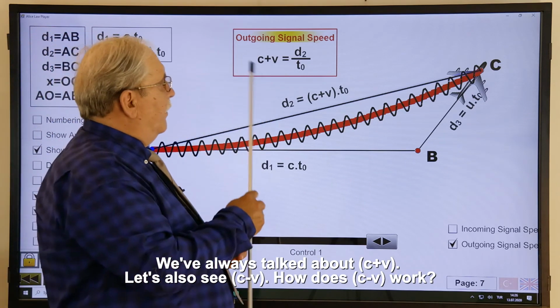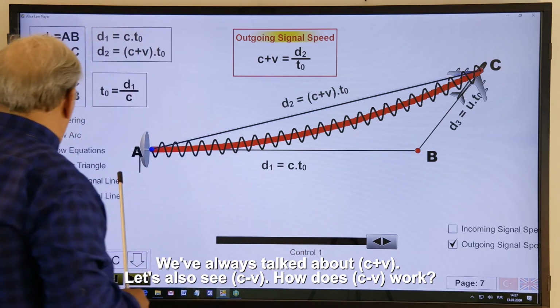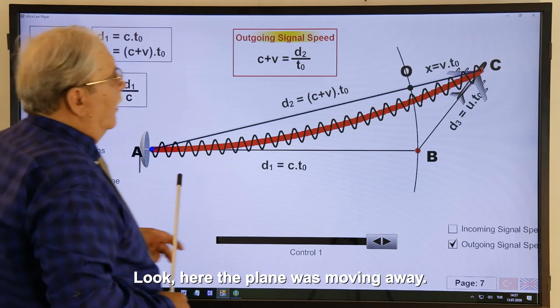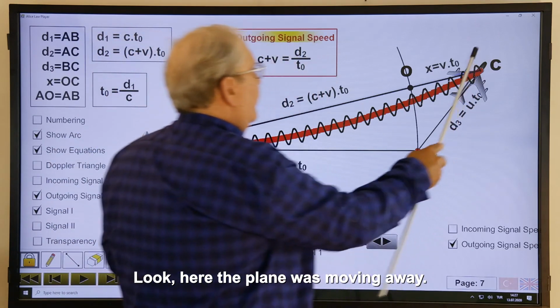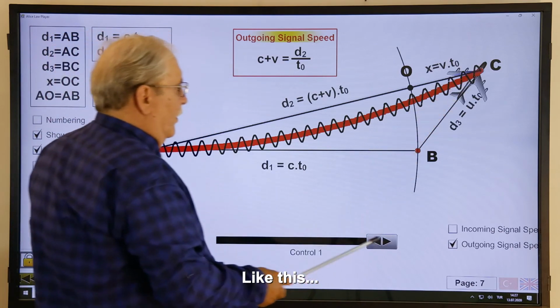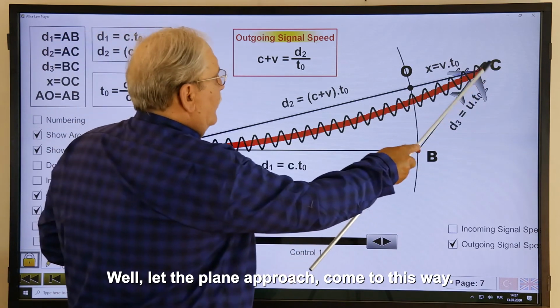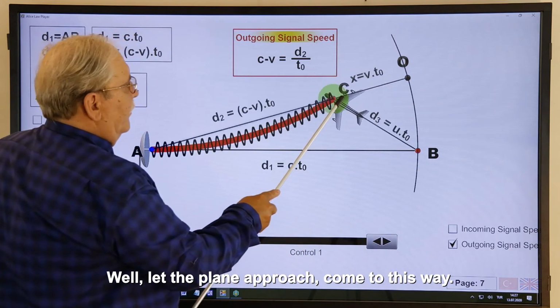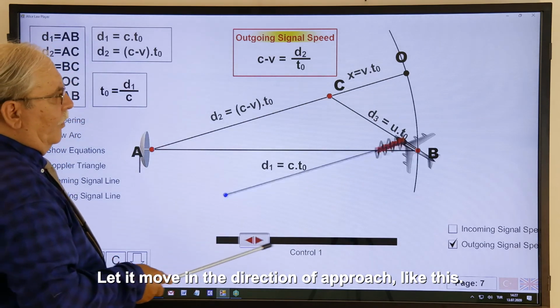We've always talked about c plus v, let's also see c minus v. How does c minus v work? Look, here the plane was moving away. Well, let the plane approach, come this way. Let it move in the direction of approach, like this.